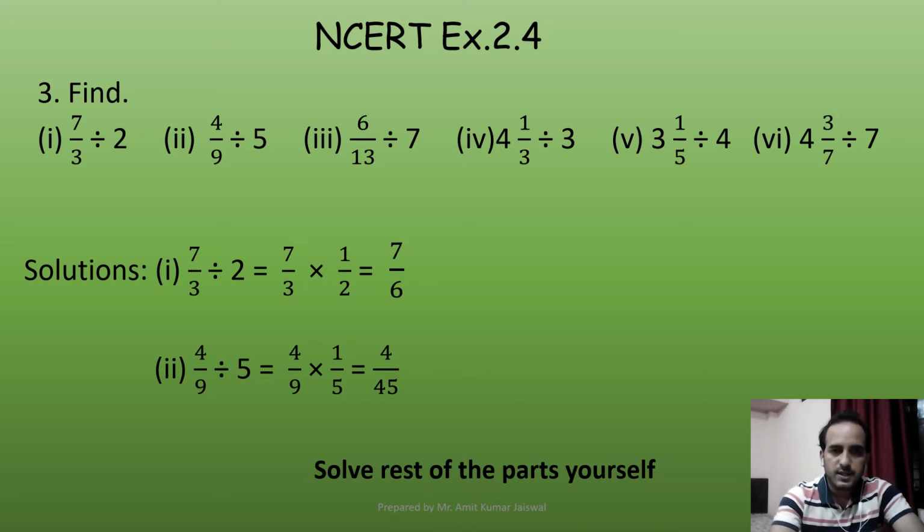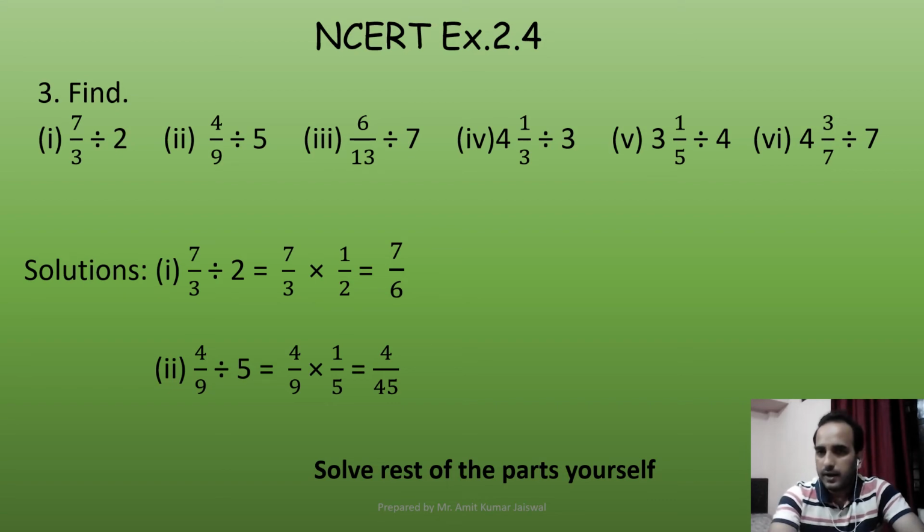We got the reciprocal of 2, that's 1 upon 2, converted the sign, and then did multiplication. 1 times 7 is 7 and 3 times 2 is 6, so 7 upon 6 is the answer for the first part. The second part you can understand yourself, and the result is 4 upon 45. The rest of the parts you can try yourself.